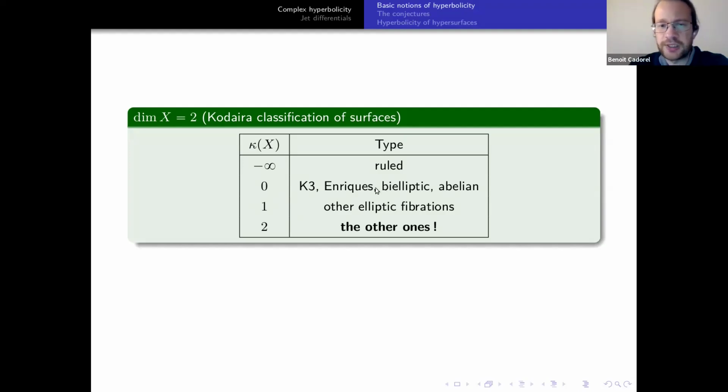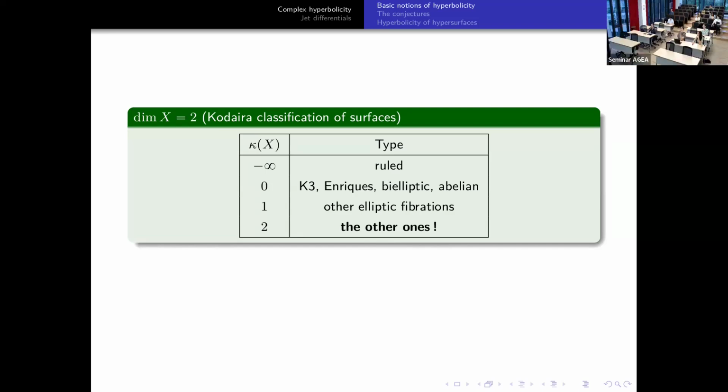We are able to classify the surfaces in 4 cases, depending on their Kodaira dimension. But here you see that the ones which are of general type are all the ones that we are not able to classify in any of the other classes, on which we have much more precise information.